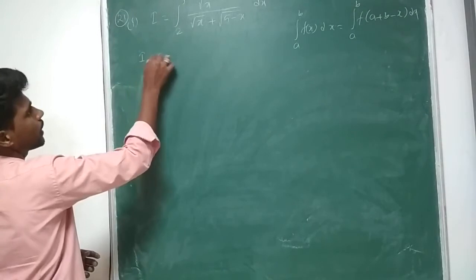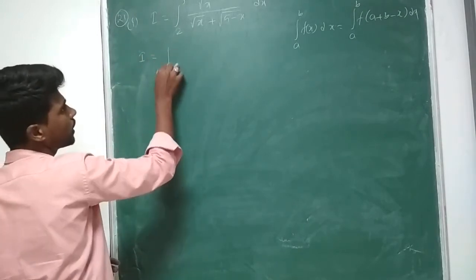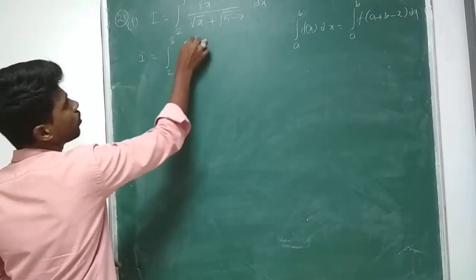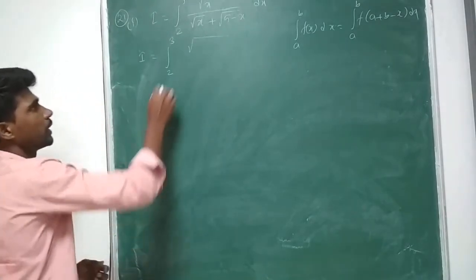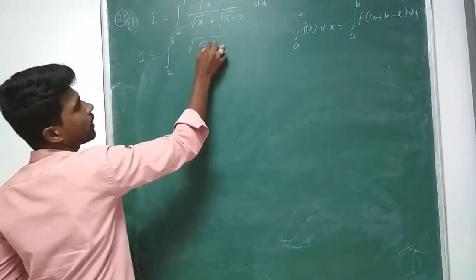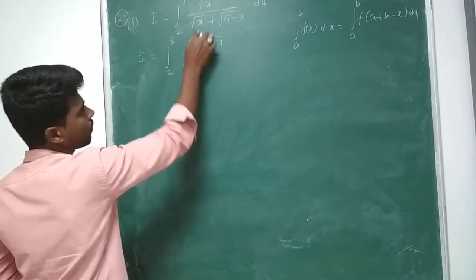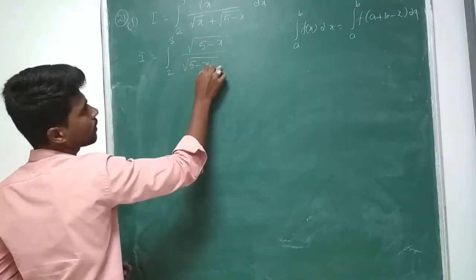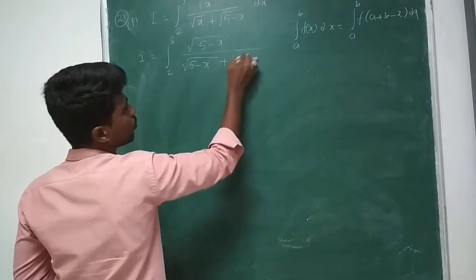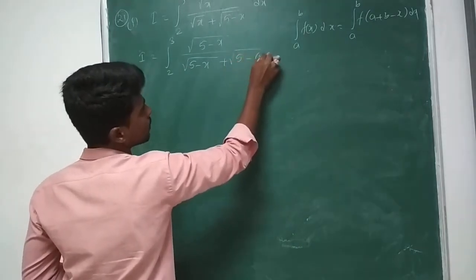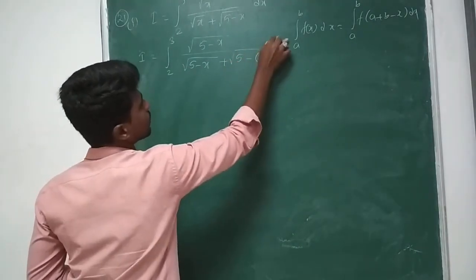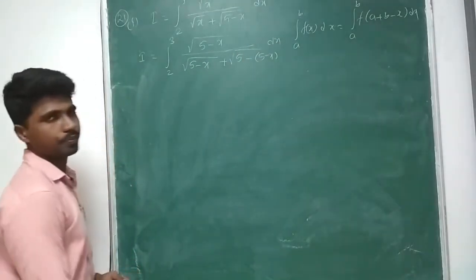So the given integral I can be reduced as integral 2 to 3 root over a plus b, 2 plus 3, 5 minus x by root of 5 minus x plus root of 5 minus 5 minus x dx.